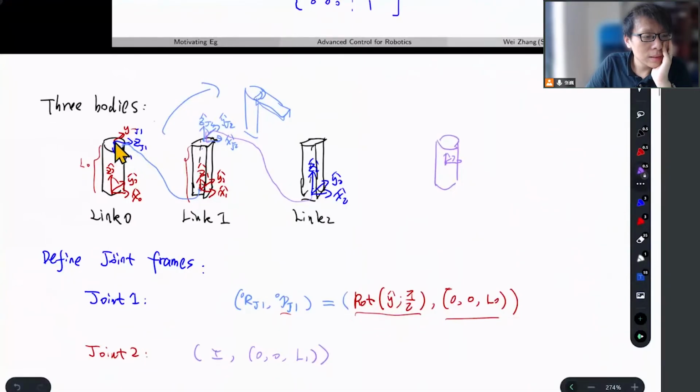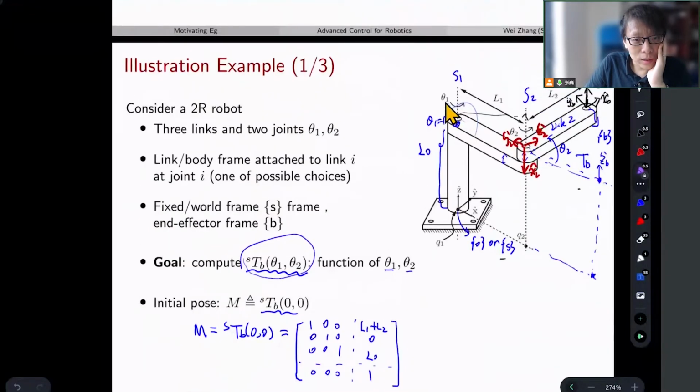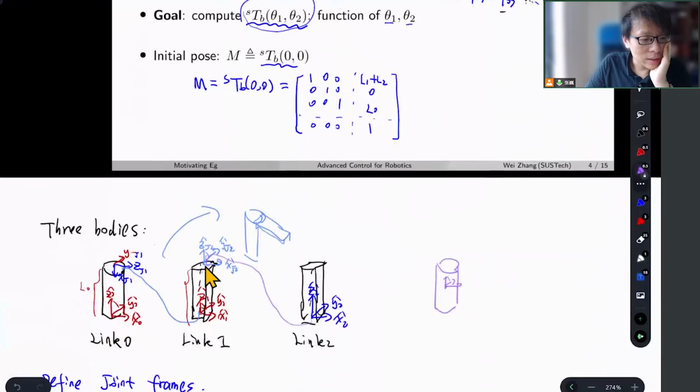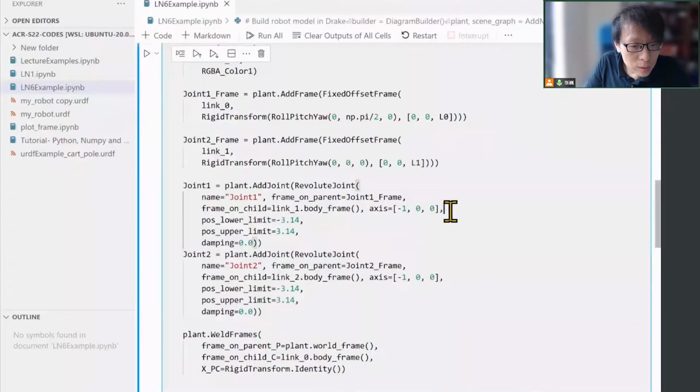Along which direction? X of J1, okay? Is it X or negative X? Negative X, right? Because we rotate about this direction, it should be upward, okay? So negative X is the direction, that's why I say X is -1, and the other dimensions are 0, 0.